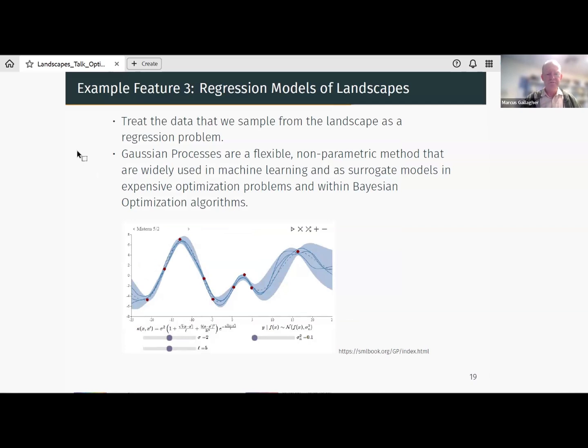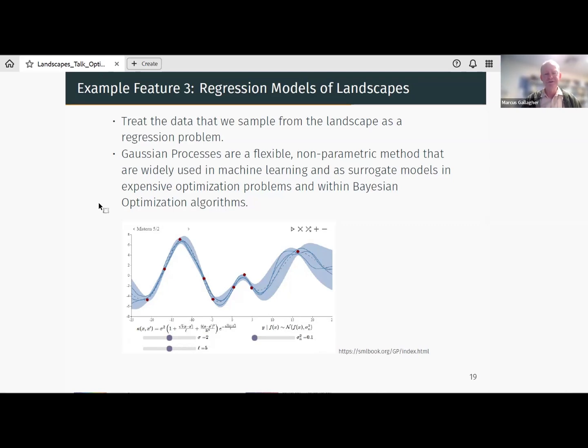For this we chose Gaussian processes. This is just a picture of a GP if people are not familiar, but Gaussian processes are a flexible non-parametric regression model that is widely used in machine learning.